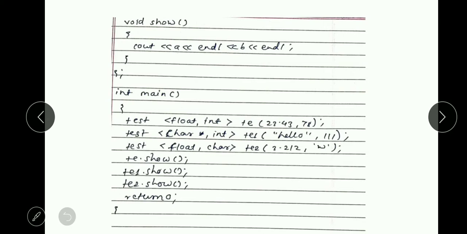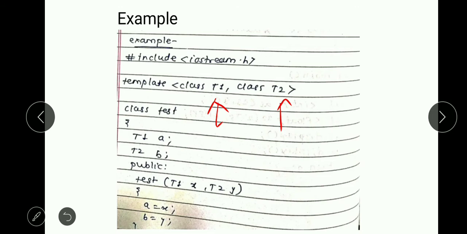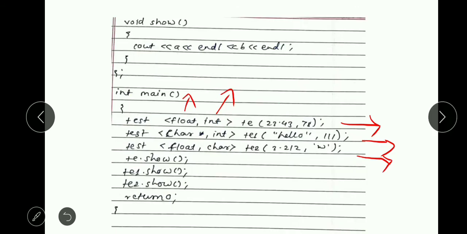Inside the main function, this is how I can call the template variables. Here we have two variables, that's why we pass two values. In this program T1 and T2 are the two variables, so we have to pass two values, that is float and integer.